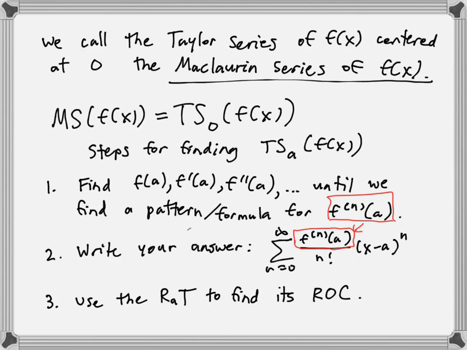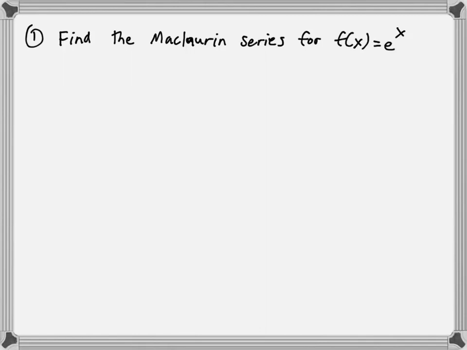All right, so let's go ahead and do some examples. So example 1. Find the Maclaurin series for f of x equals e to the x and its radius of convergence.